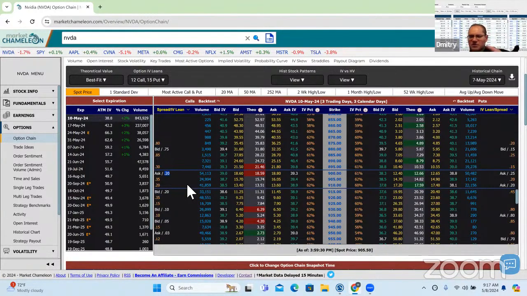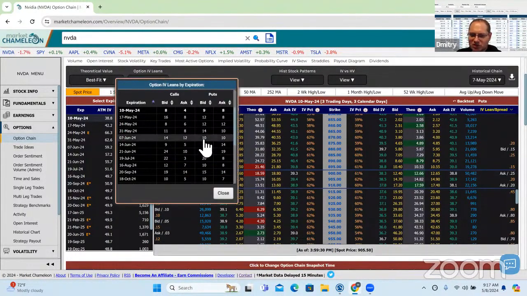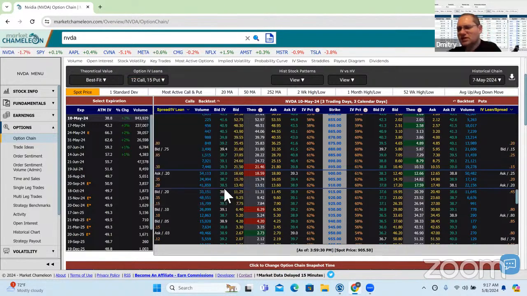So if a lot of people are looking, you would think there would be a lot of competition on these different strikes, which we do see. Right here we go. We can open this up and we see almost in every expiration we've got a decent amount of leans on the bids, on the offers, and on the calls and the puts. So this could potentially create some type of an opportunity for us.